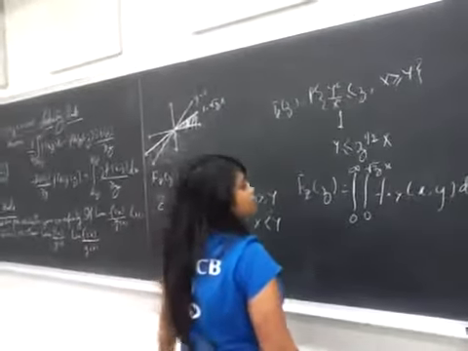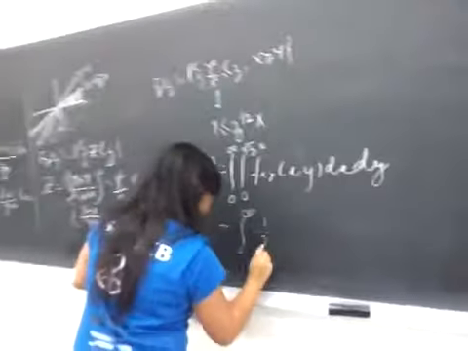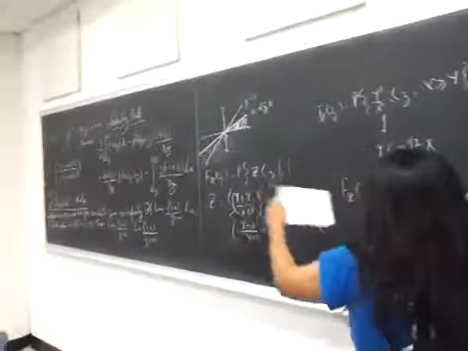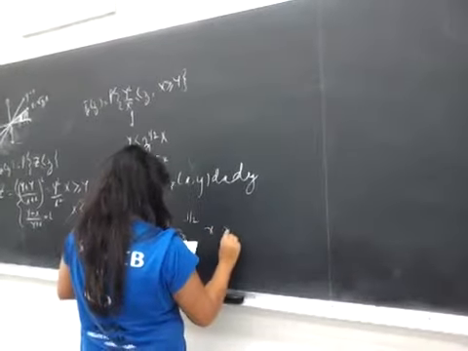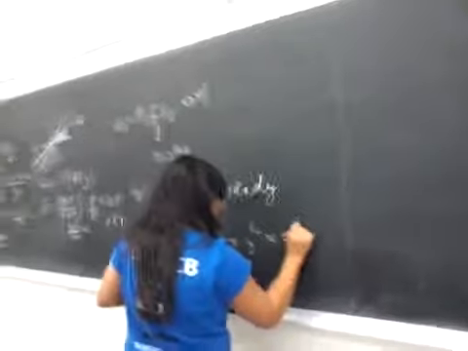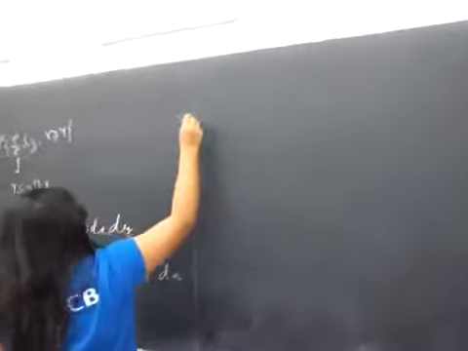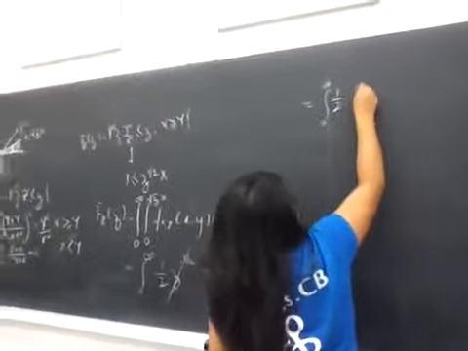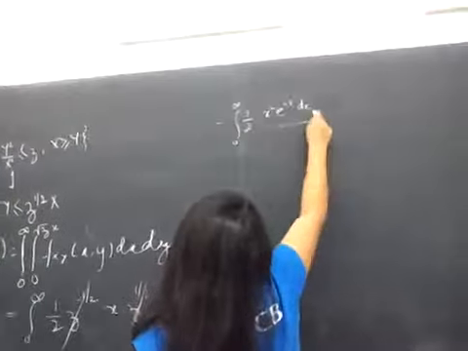Applying the Leibniz rule as written right there, what comes out is the integral from 0 to infinity of half z raised to the power minus half times x, and in place of y we place the value, which comes out to be z raised to the power half times x, e raised to the power minus x dx. This cancels this. So we are left with the integral from 0 to infinity of half x squared e raised to the power minus x dx. I'm going to integrate it by parts.